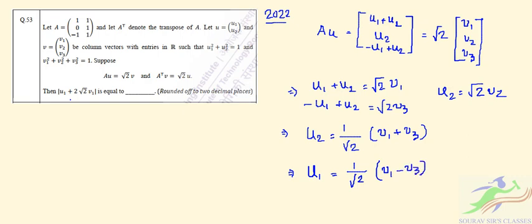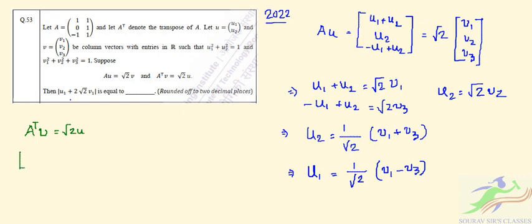Okay. Now, if we do the transpose form, A transpose V, here it will be root 2 U. Okay.